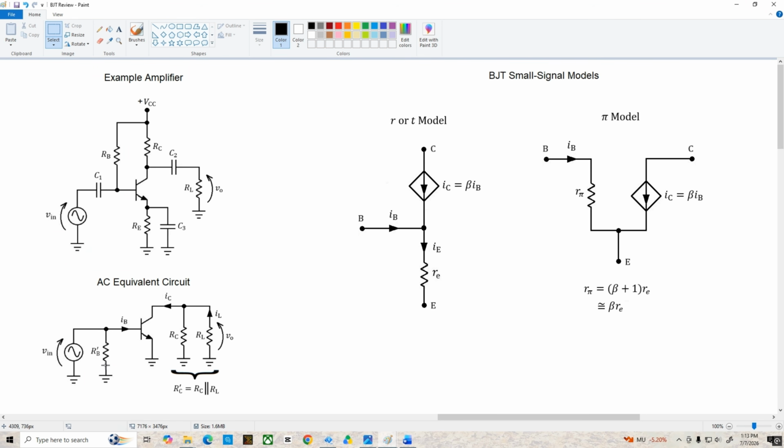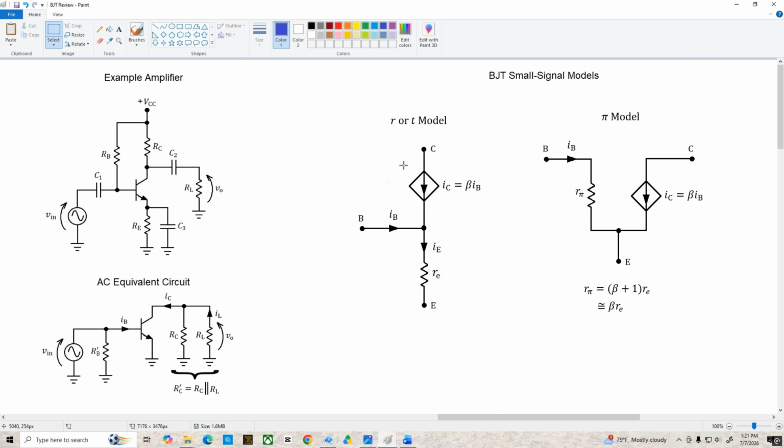As far as the transistor itself goes, I'm going to assume that it's biased up into the active region, so it's a Class A amplifier. And when that's the case, we can model the transistor using either the r or T model shown here, or the equivalent pi model. Let's start with the r model first.